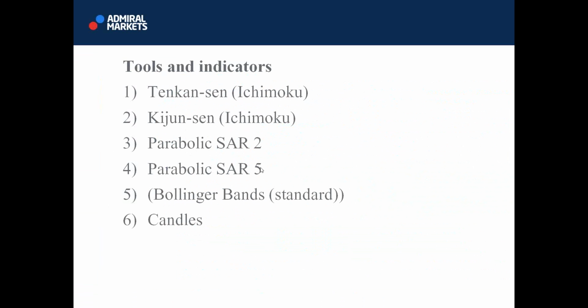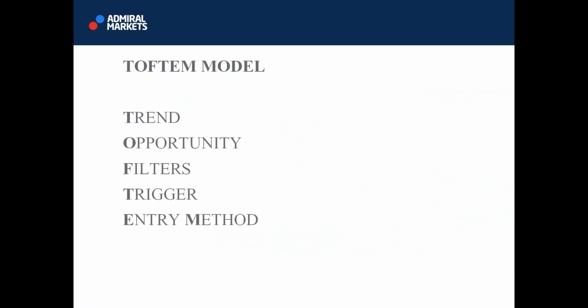Parabolic, 2 values, 2 and 5, 2 parabolics with 2 different values. Bollinger Bands in parentheses, because I did the original testing without it, but you can use it as an optimizer, and candlesticks.